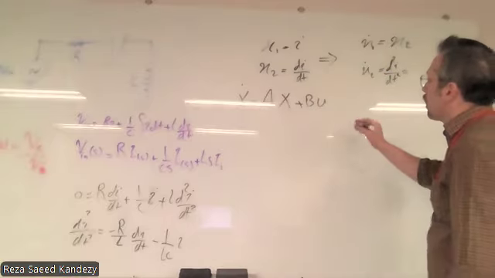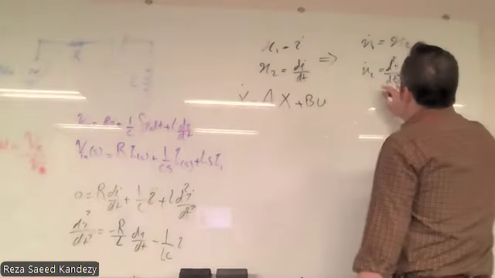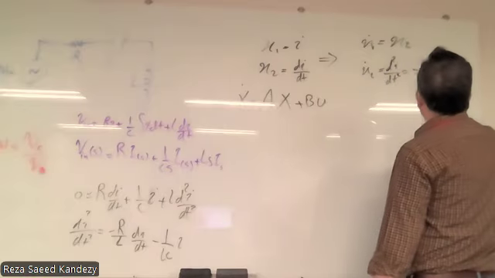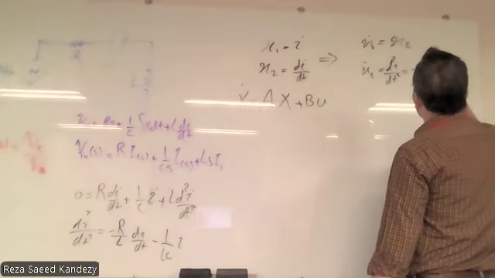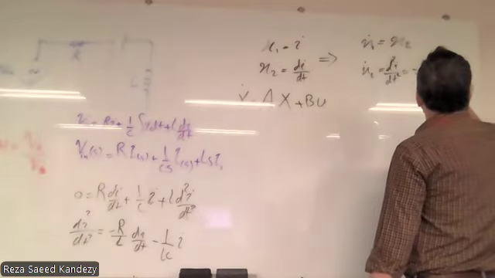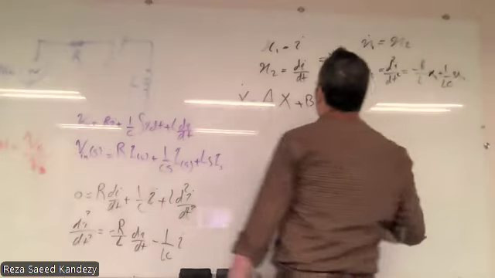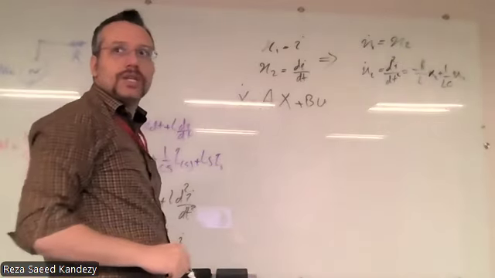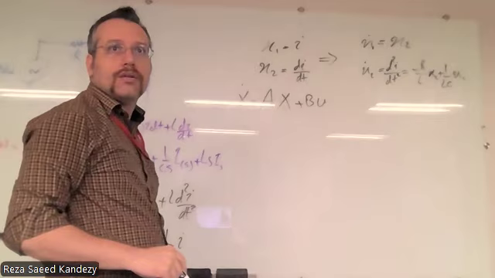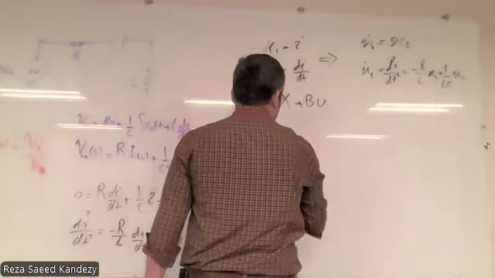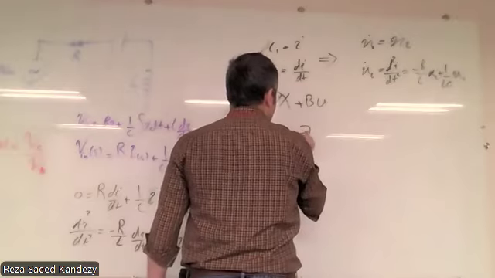Now, so this one becomes minus R over L times x2 minus 1 over LC times x1. Now we have basically the state variables and the differential of the state variables. Now we can develop our state space model.